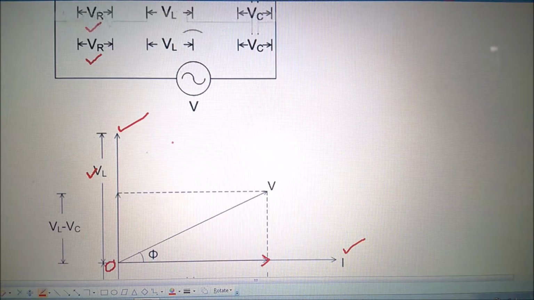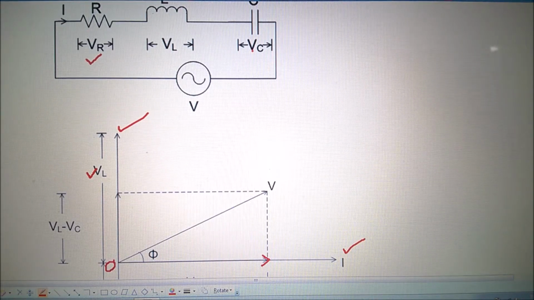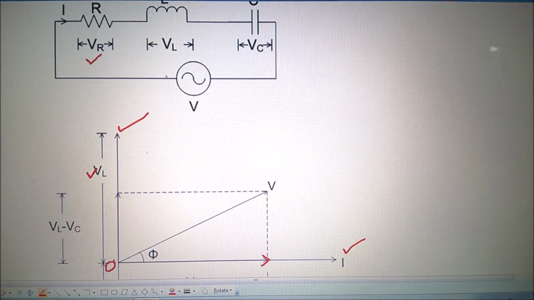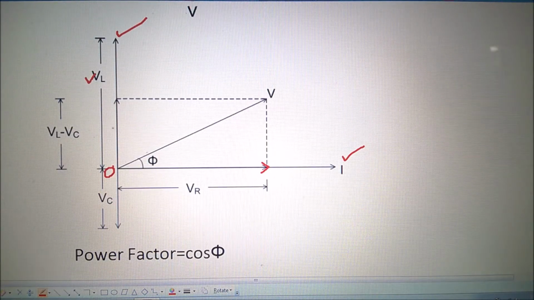On the other hand, the voltage across C is lagging the current by 90 degrees. Therefore, VL and VC are completely in phase opposition. One is completely opposite to the other. This is the 0 to VL I'm showing here, and this is the VC.